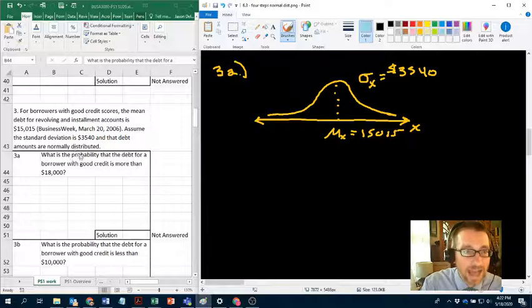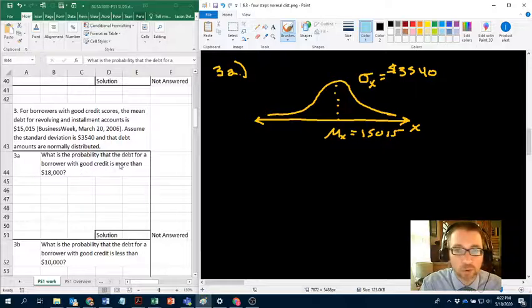And then part A says, what is the probability that a debt for a borrower with good credit is more than 18,000? That "more" is critical. It's a directional word. So 18,000 is larger than 15,015, so 18,000 is going to be right here. The probability that we would get somebody at 18,000 or higher is going to be the size of this area.